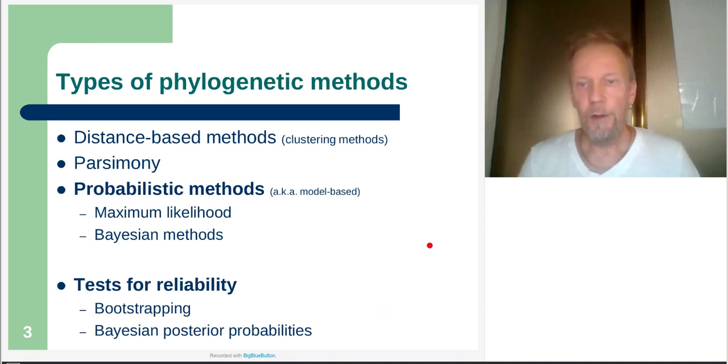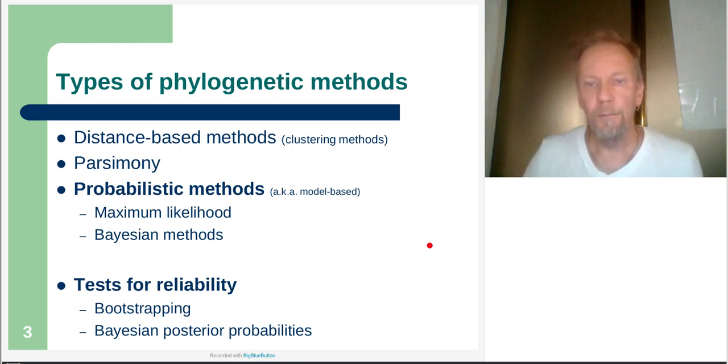Now, this is a repeat of a previous slide talking of the classes of phylogenetic methods, and in bold-faced we'll see probabilistic methods which we'll discuss today, and then the reliability testing.